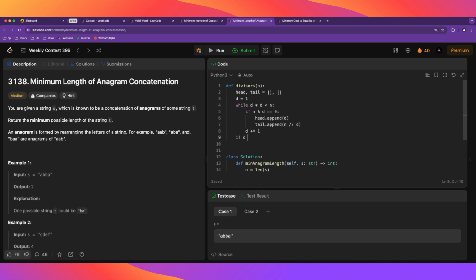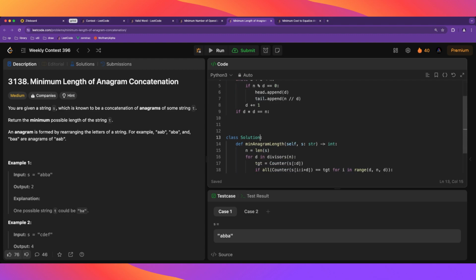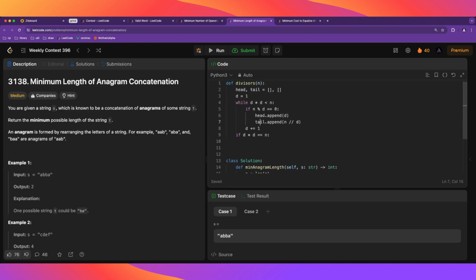And here we check for the square root, because we don't want to add it 2 times. I mean, it doesn't matter in this problem if we add it twice, but it could matter in other problems if we want to reuse this function.